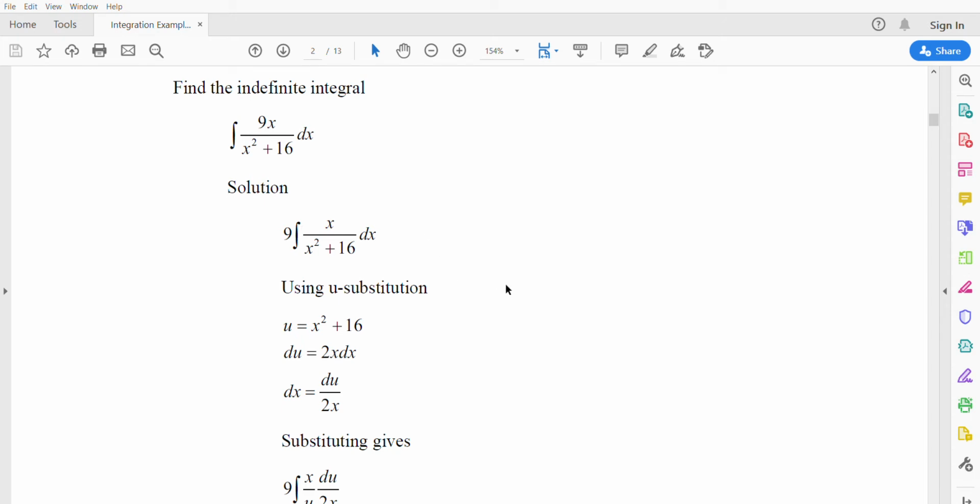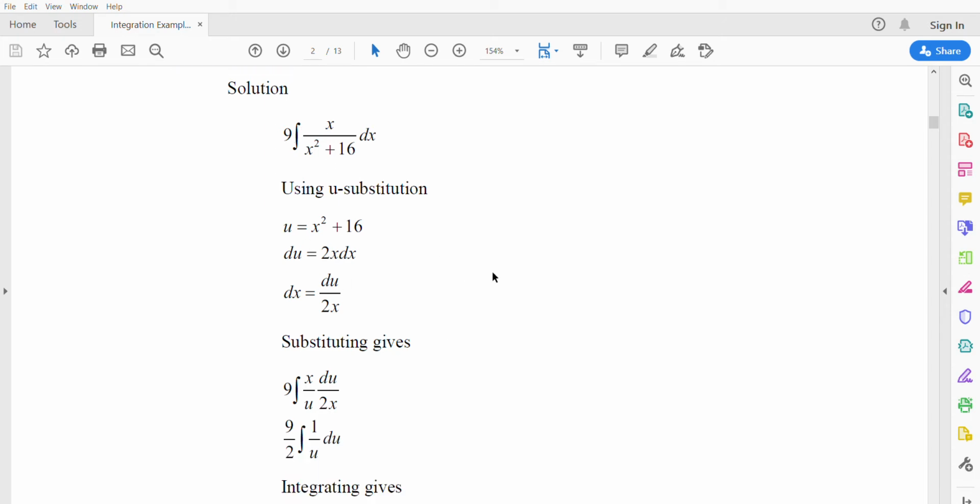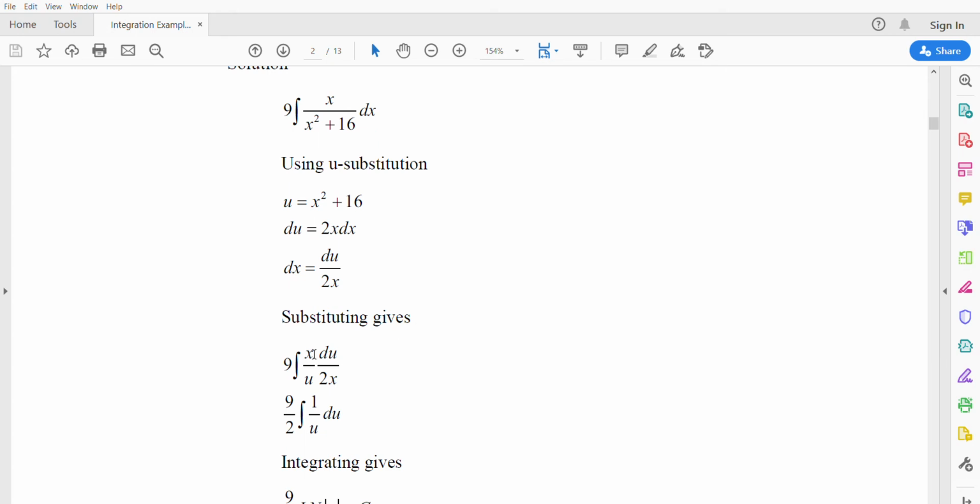We are now going to substitute these u's into my integral. So this gives me 9 times the integral of x over u times du over 2 times x. The x's will reduce, and then this is going to give us 9 over 2 times the integral of 1 over u du.